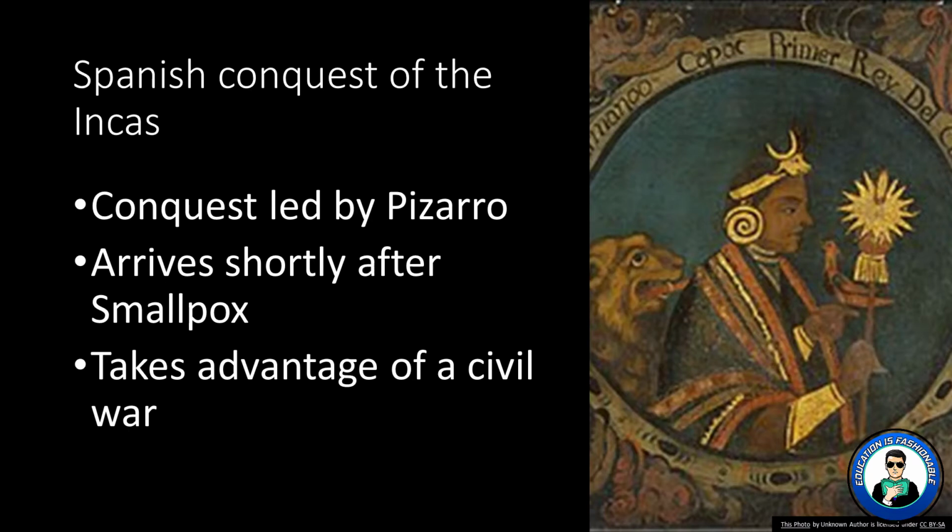The smallpox ends up killing their emperor, who has two sons. Those two sons want to go ahead and fight each other for control of the empire. Basically, Pizarro goes ahead and waits until the fight is over, once there's a winner, then takes his men and all of his allies and wipes out the remainder of the Inca army. And so they basically control it from there.